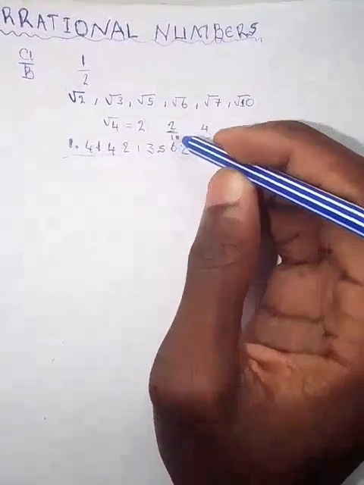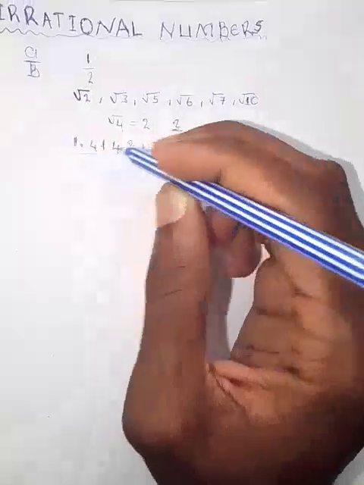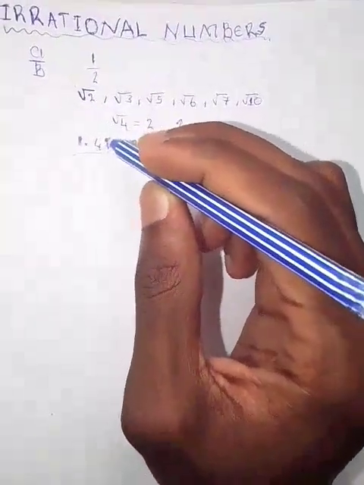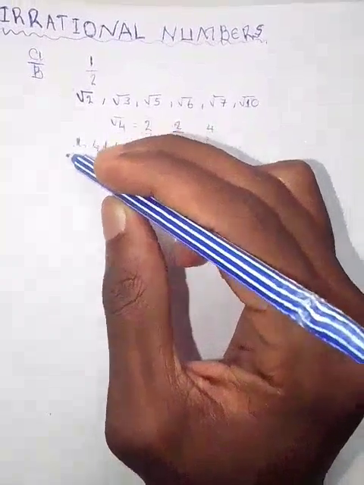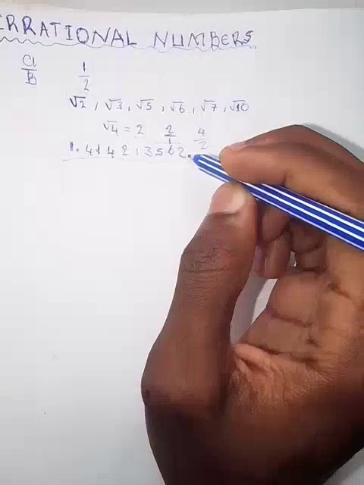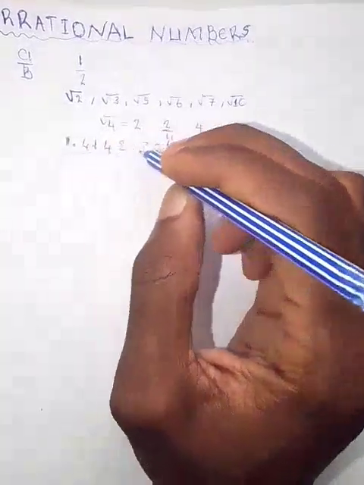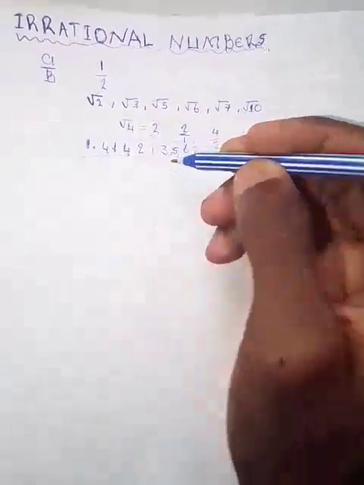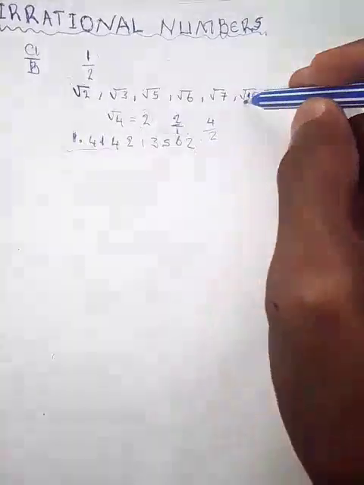If you go and use the method I taught on rational numbers, the way of converting from decimal to fraction, you will figure out that it won't give you a fraction that equals exactly the same number. Yes, so that is why they are called irrational numbers.